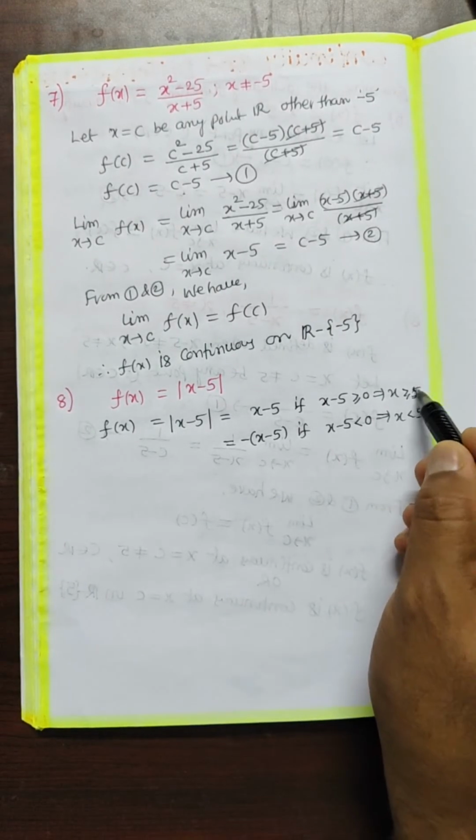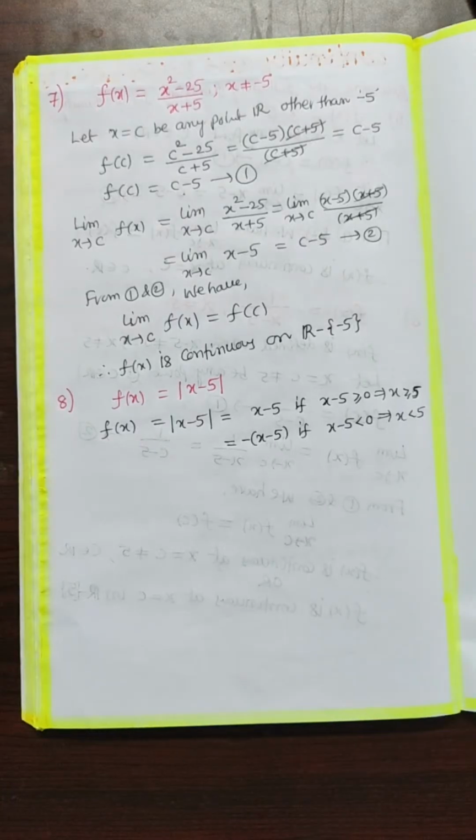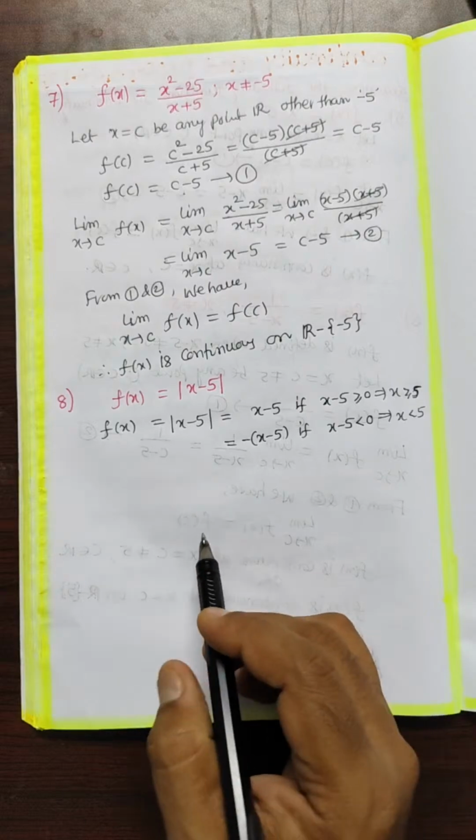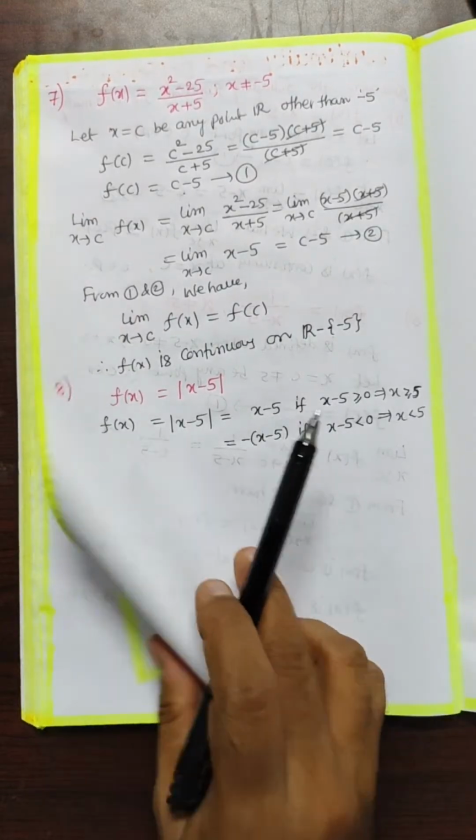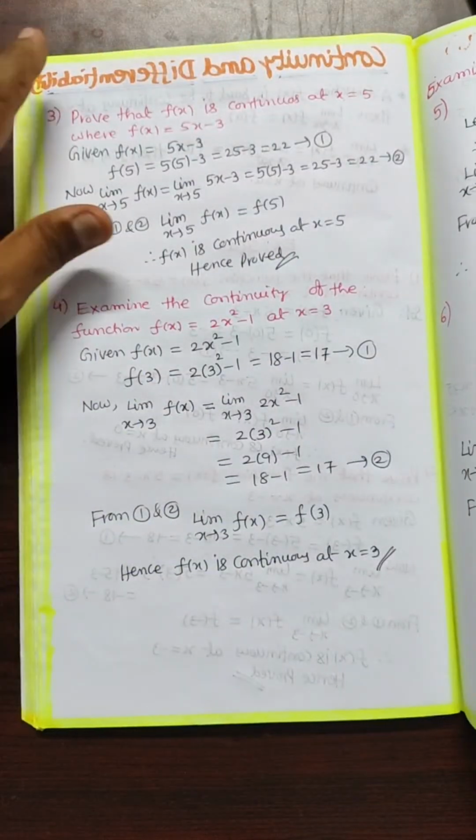So at x is equal to 5, we need to verify the continuity. Okay, dear students. Here, whenever conditions are there, we need to go for this definition. Second definition, dear students, this one.